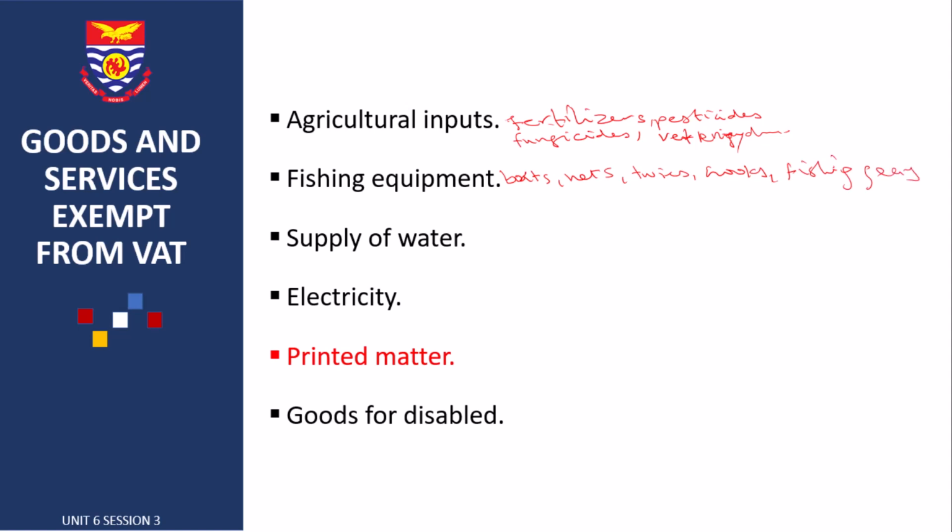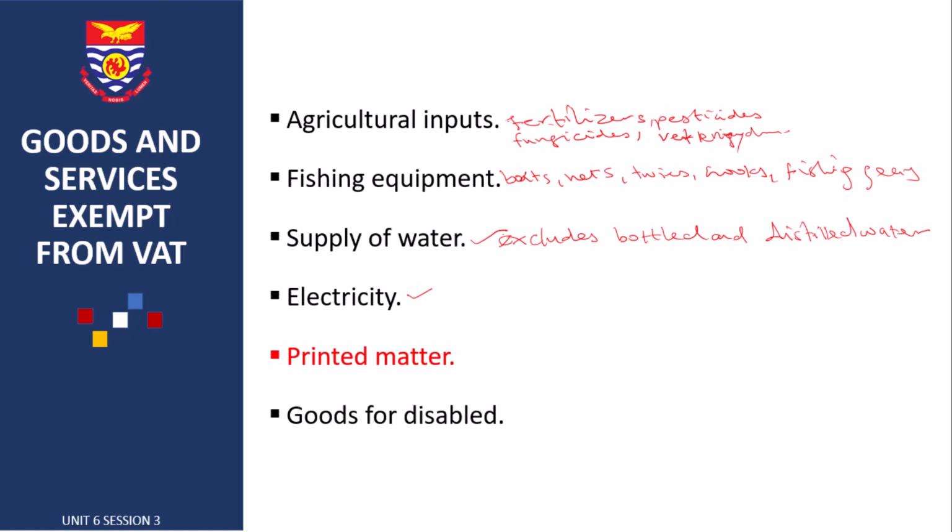Then we also have supply of water. However, this excludes bottled and distilled water. And we also have electricity.